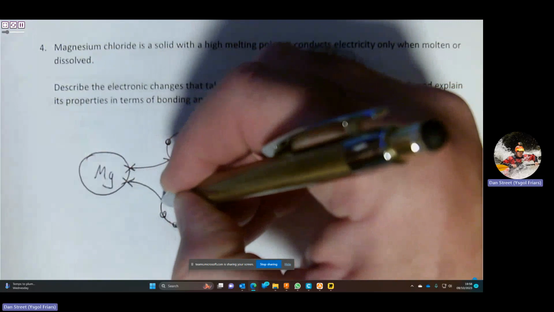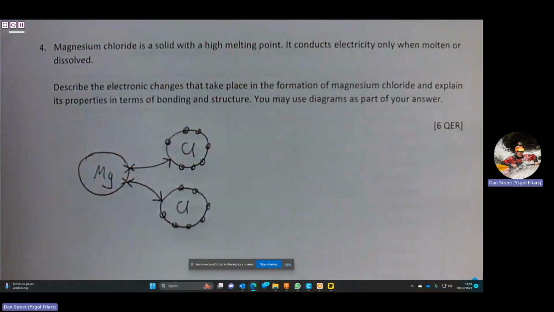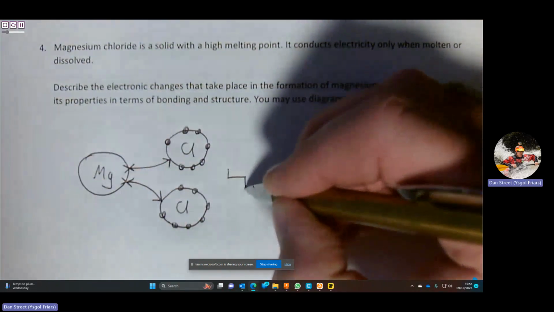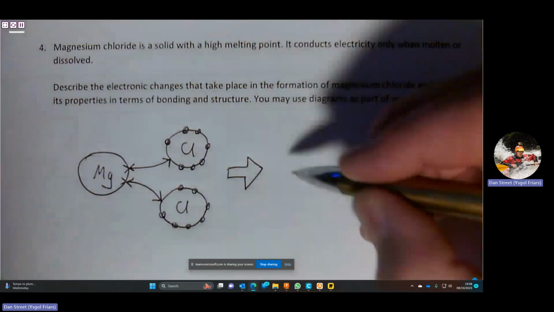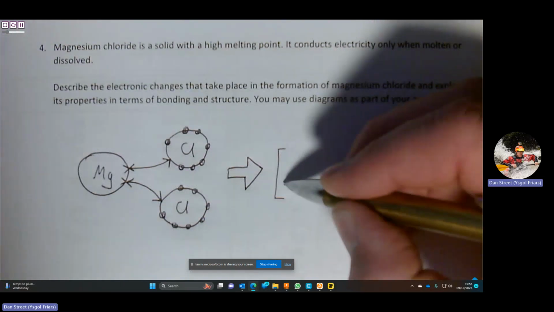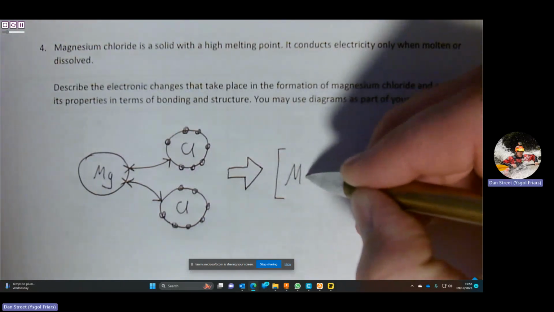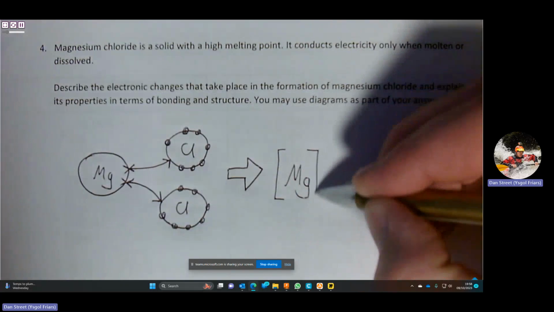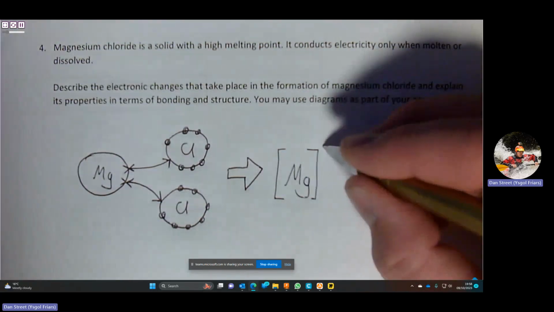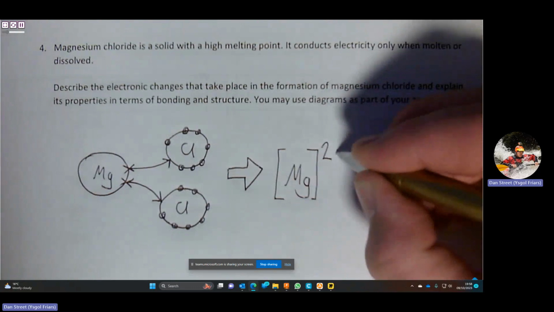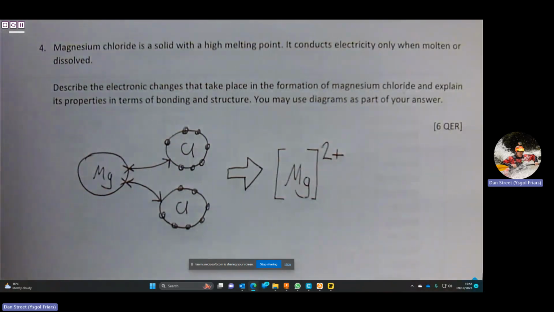When chlorine gains an electron, it becomes a chloride ion. And as this is an ionic bonding diagram, we need the arrow to show the change. The magnesium, because it's lost those outer shell electrons, we don't need to draw the electron shell. We'll assume that the one beneath is now full, and because it's lost 2 electrons, it becomes 2+.